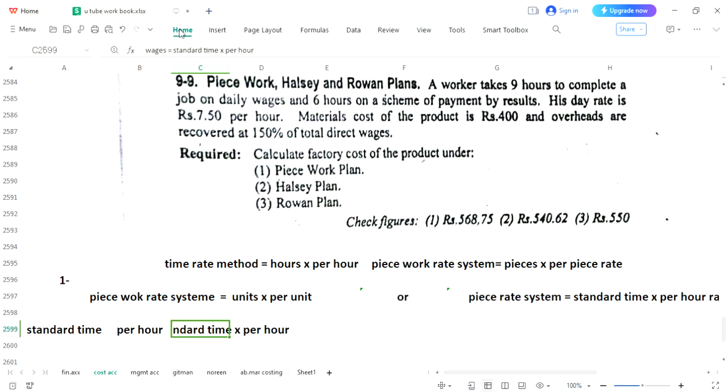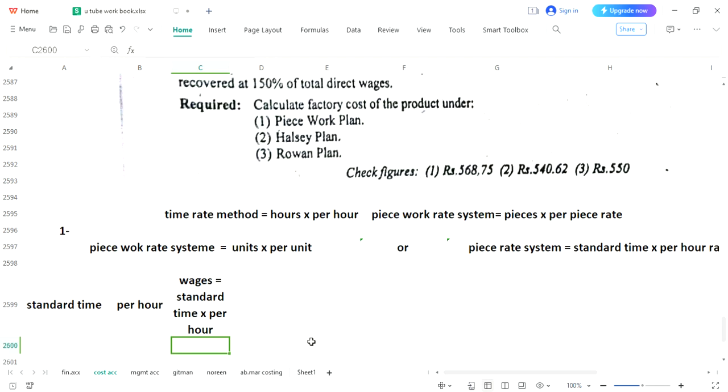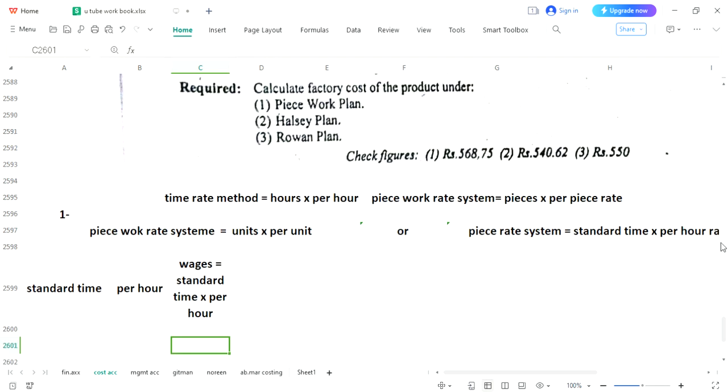Okay, and the same formula was written over there as well. This alternative formula we will be using to calculate our wages, where standard time would be multiplied by per hour rate. This way you will calculate your labor, and then in the question we are actually calculating our total cost. Total cost is the sum of material, labor and FH.